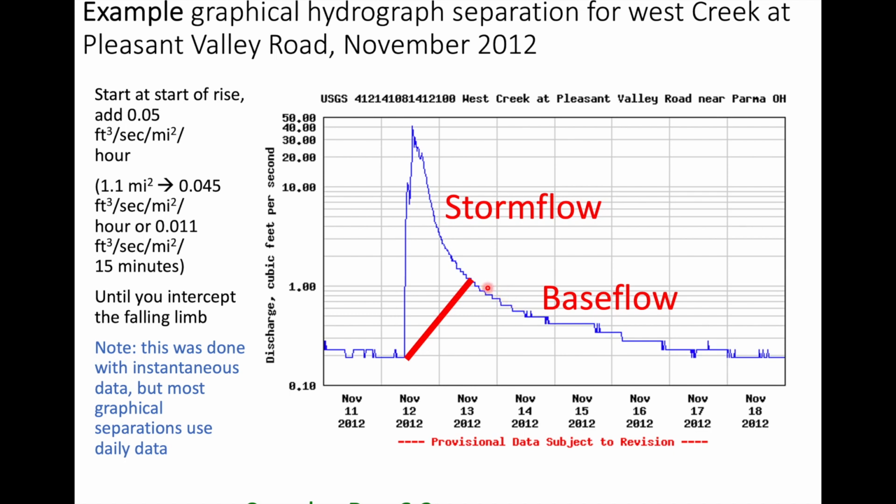And then we stop and we say anything above that line in this region is storm flow, anything below that line is base flow. Now, just as one note, I did this for a small watershed, and I did this with the unit or instantaneous data, but a lot of the time that we're doing these graphical separations, we're doing them with daily data.